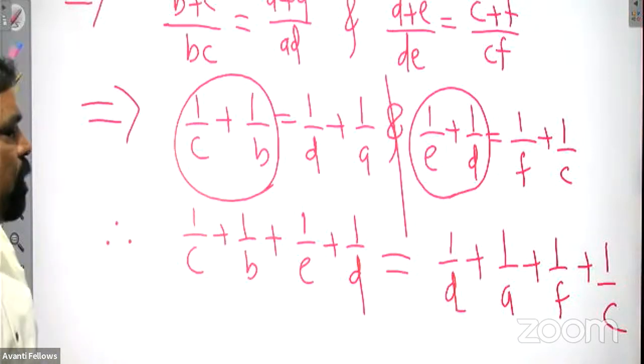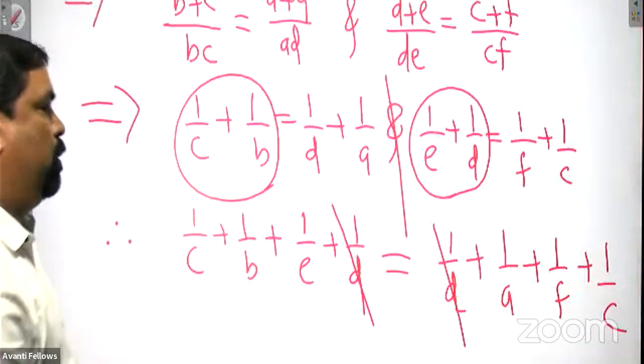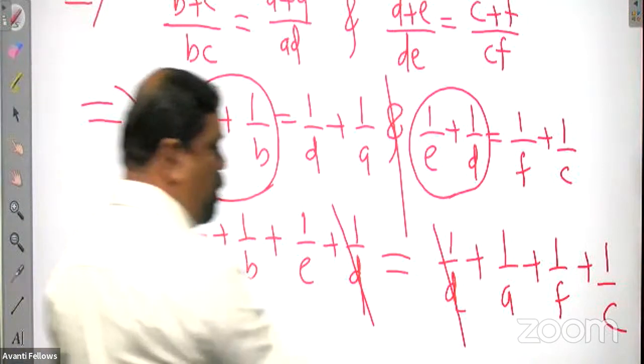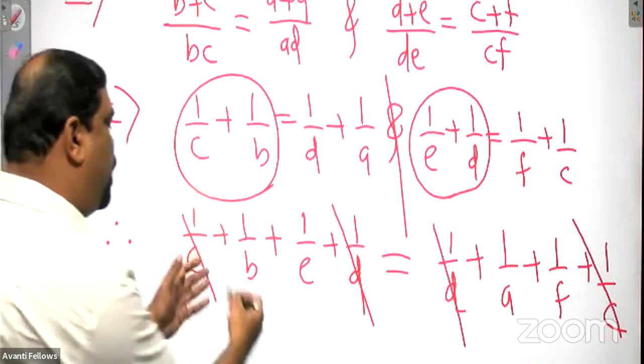So from both sides, we can cancel the common terms. 1 by D is common. 1 by C is common. Cancel it. Remaining is 1 by B plus 1 by E.